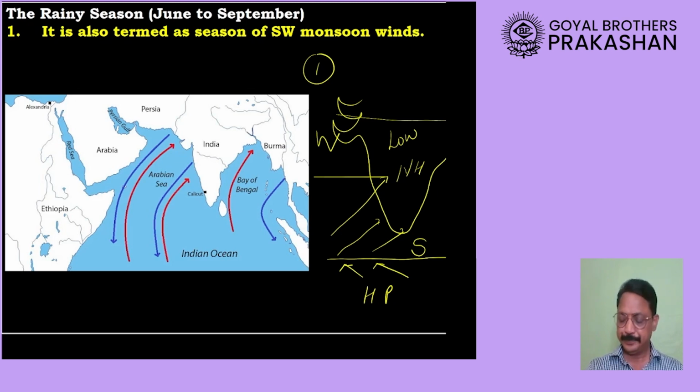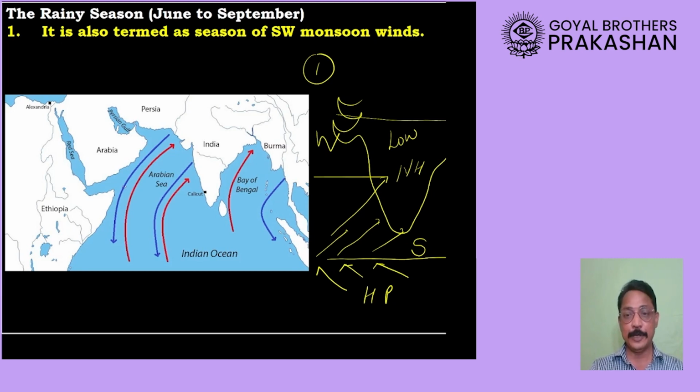Now you might be wondering why these winds turn towards India after crossing the equator. I hope you have studied in grade 9 one of the very important topics, and that topic is, come on, think what it must be. Yes, you are right. It is the Coriolis force.